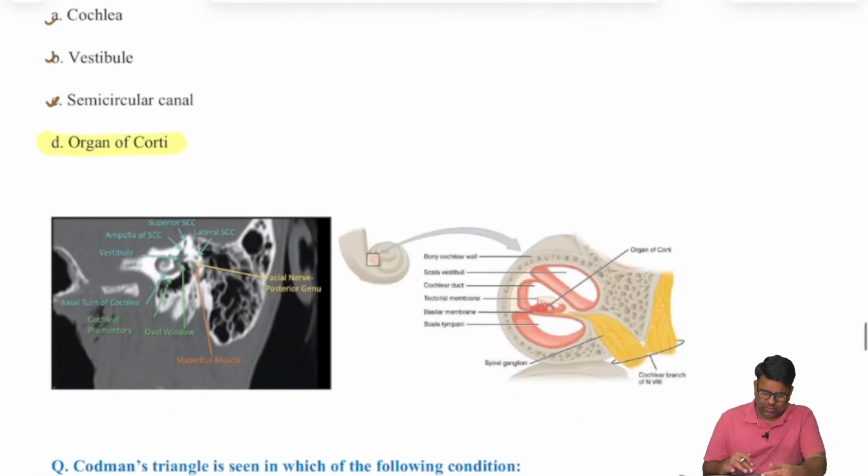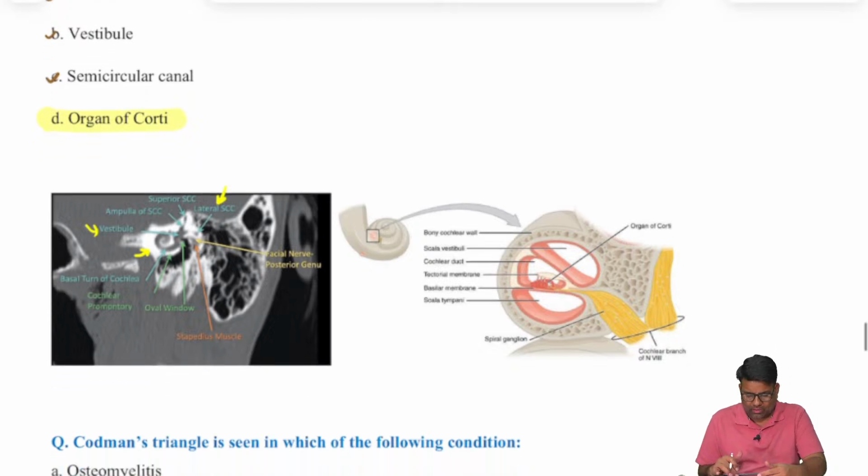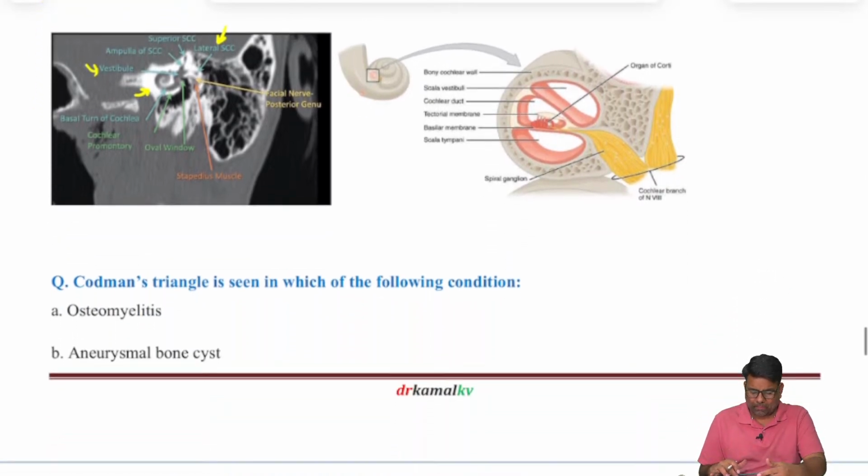If you look at this CT scan, here we can clearly see the cochlea, the vestibule, and all the semicircular canals as well. But the organ of Corti, which is the organ for hearing, is not visualized on CT scan, right? So the organ of Corti will not be visualized.